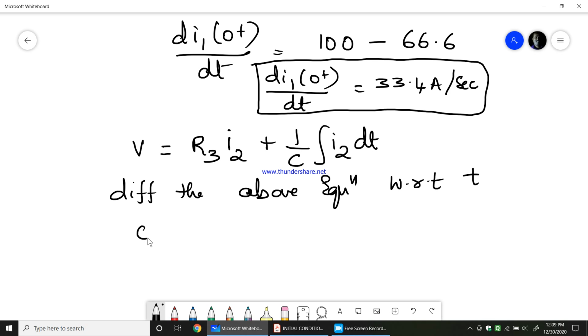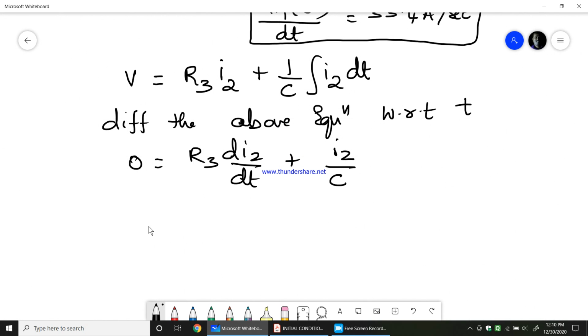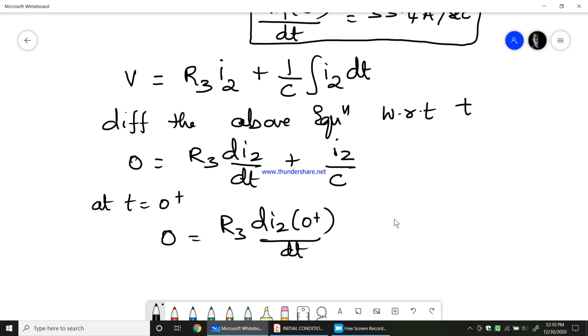We get 0 equals R3 into dI2 by dt plus, the integration will get cancelled if you differentiate, therefore I2 by C. Therefore at t equals 0 plus, 0 is equal to R3 into dI2 of 0 plus by dt plus I2 of 0 plus by C.